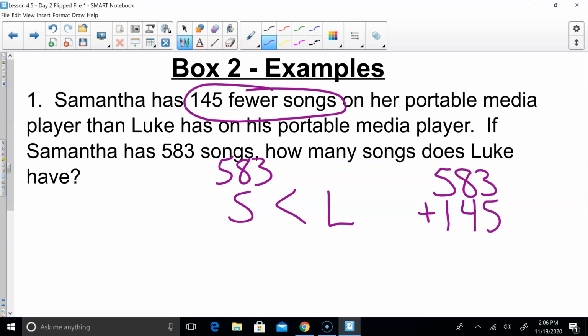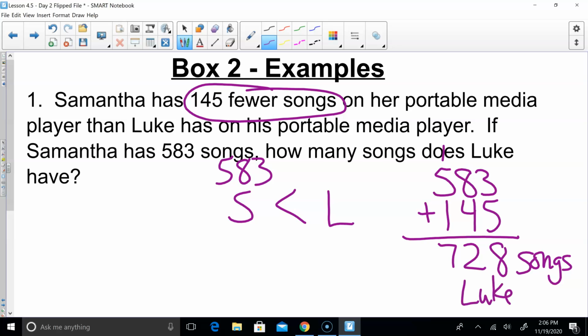So even though it says fewer, I'm adding, so that's what you really have to think about with these word problems. 3 plus 5 is 8, 8 plus 4 is 12, so 2 carry the 1, 1 plus 5 is 6, and 6 plus 1 is 7. So how many songs does Luke have? 728 songs. So you can pause the video right now to write down this example and really see how we use this comparison problem to help us figure out what kind of operation we have to use here.